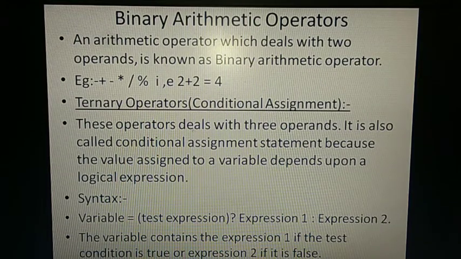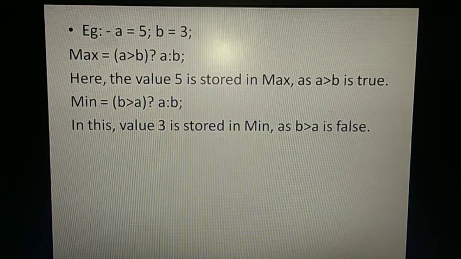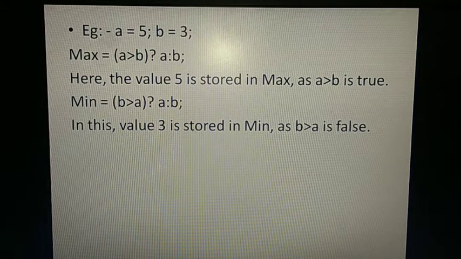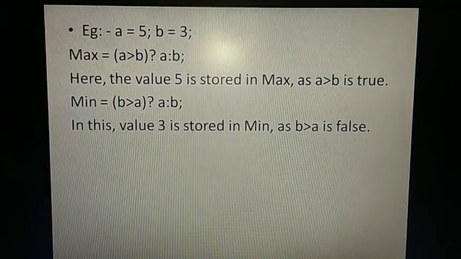Next, see an example for the ternary operator: a equals 5, b equals 3. Max equals a greater than b question mark a colon b. Max is the variable name.